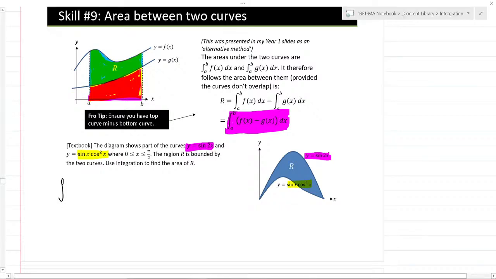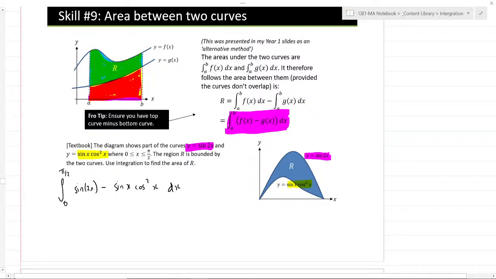So this is the integration between 0 and pi over 2 of sine 2x minus sine x cos squared x, with respect to x. There's no reason why you can't do that. Or you could do them separately and then subtract them at the end.